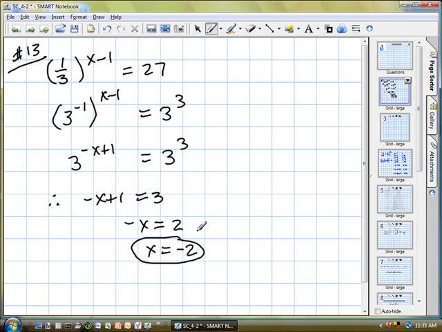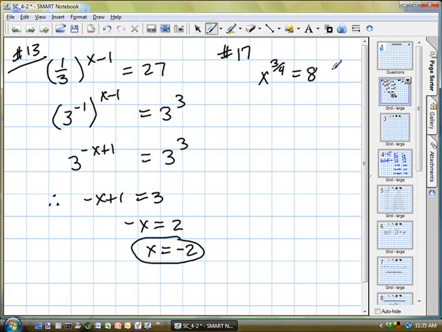Did you want to look at 17 too? No? 17? A little different. It says solve the equation for x. Let's just do that one over here. Okay, we've got x to the 3/4 equals 8. Yeah, what's different about this one is x is not in the exponent.